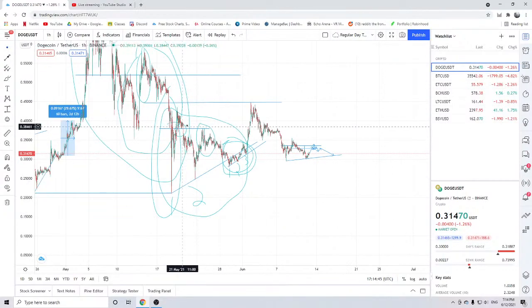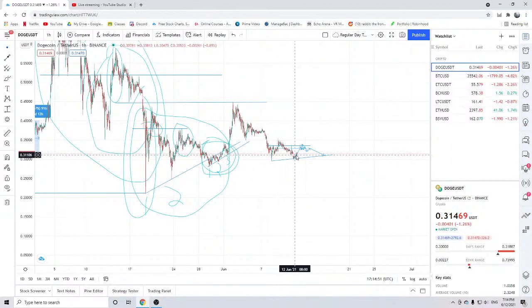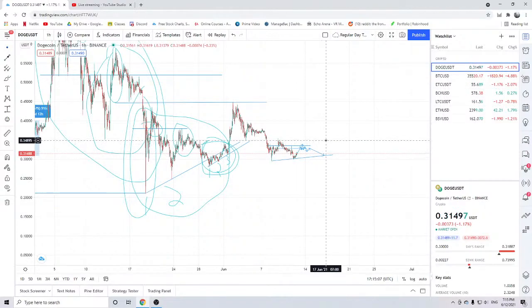So it's basically doing this again, and what's going to happen is that, okay, so never mind. It is going to go to here first.